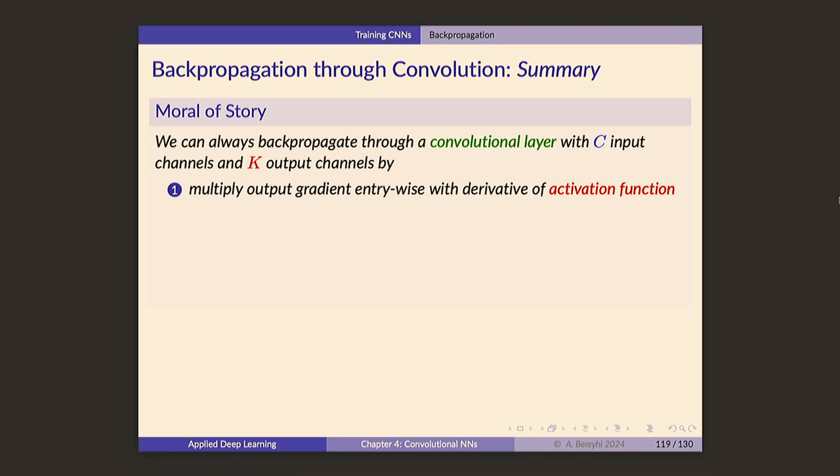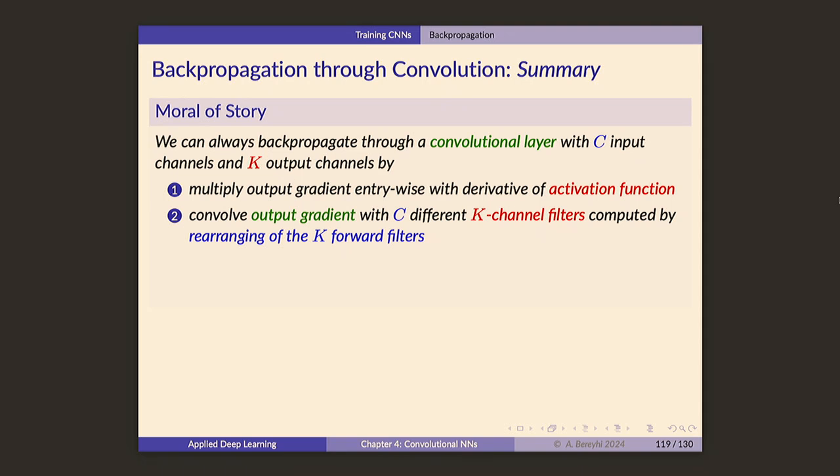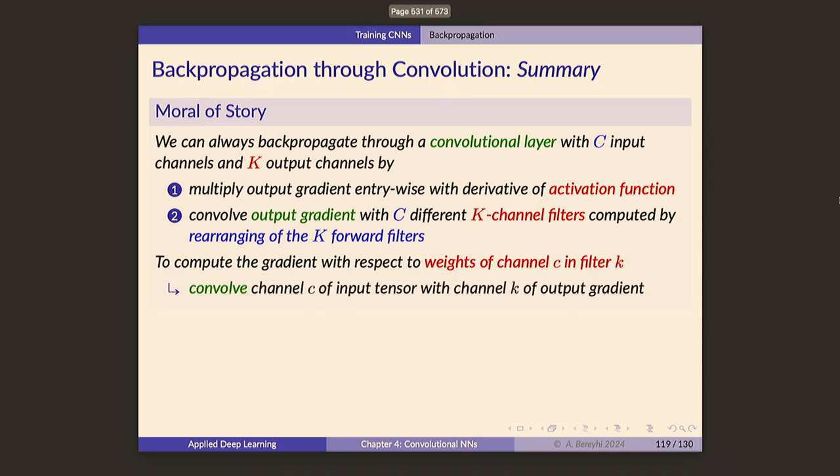So now, moral of the story, as I said, is that if you want to move completely over a convolutional layer, first thing is the activation. For the activation, you simply do an entry-wise product, and then you get this gradient with respect to z, and then when you want to move backward with a linear convolution, you again do a convolution with a resorted filter, right? So that's it.